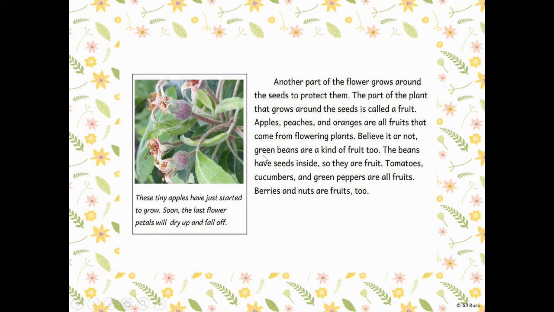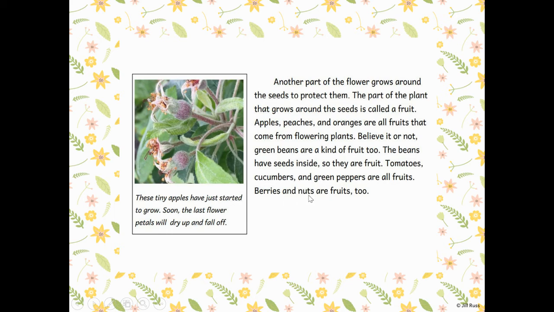Believe it or not, green beans are a kind of fruit too. The beans have seeds inside, so they are a fruit. Tomatoes, cucumbers, and green peppers are all fruits also, because again, they have seeds inside.